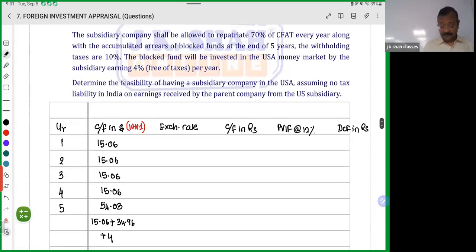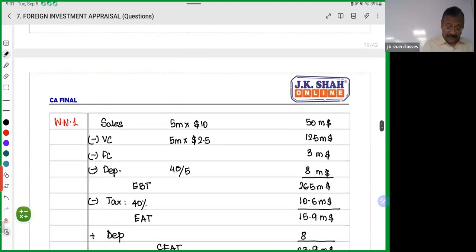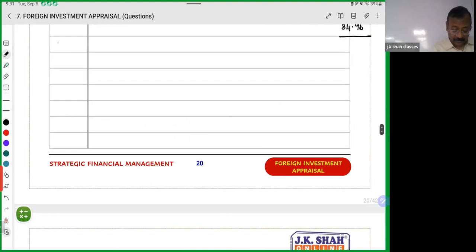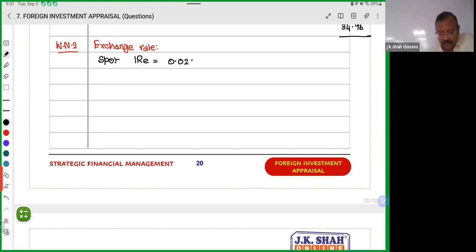Okay. Now, exchange rate. See, again, exchange rate, working note 2, exchange rate. Okay. Now, what is the spot rate given in the new book? 1 rupee equals 0.0208 dollars.